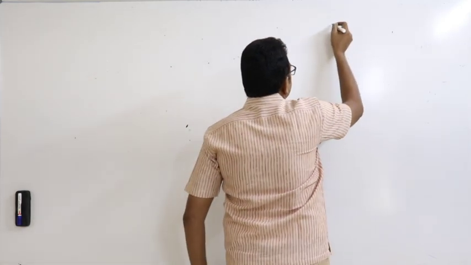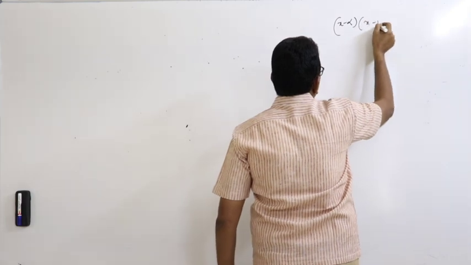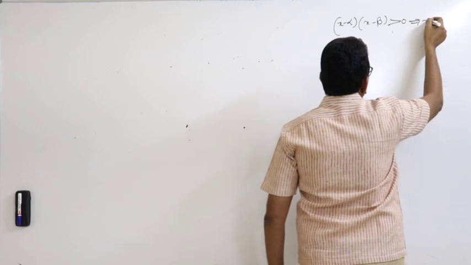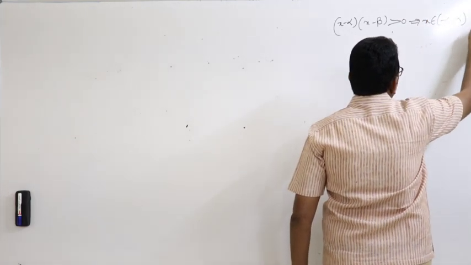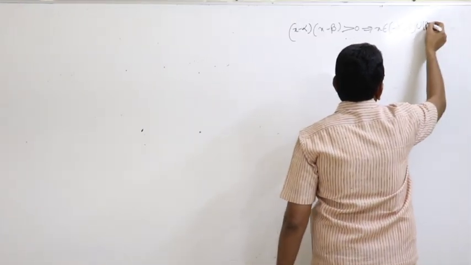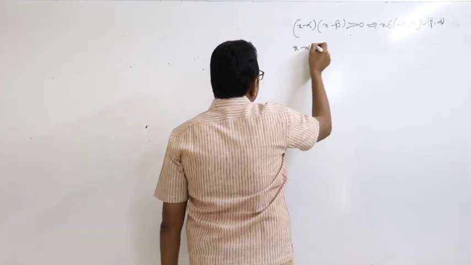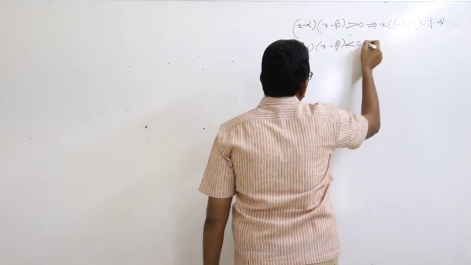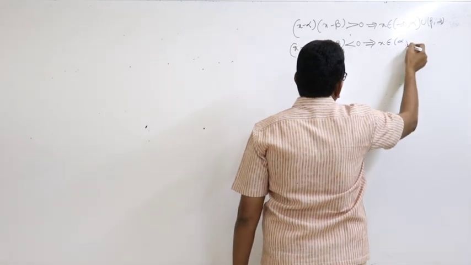Again, I write here x minus alpha into x minus beta is greater than 0 implies x belongs to minus infinity comma alpha union beta comma infinity, and x minus alpha into x minus beta is less than 0 implies x belongs to alpha comma beta.